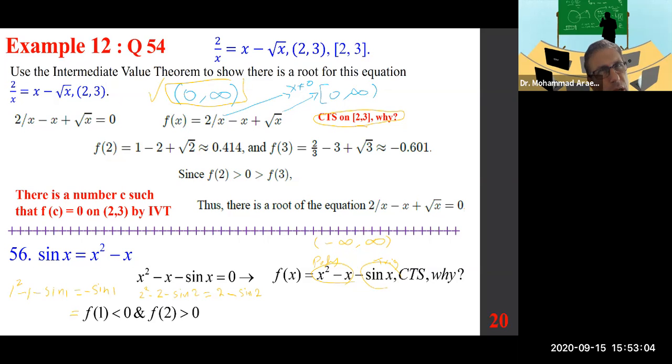Worst case is negative 1 or 1. 2 minus 1 still makes it positive. So even without putting it into a calculator, we should recognize this is positive. I hope everybody is following that, okay? And so with that being the case, we have shown that f of 1 is less than 0, less than f of 2. And by IVT, we do have a solution for this in between, okay?